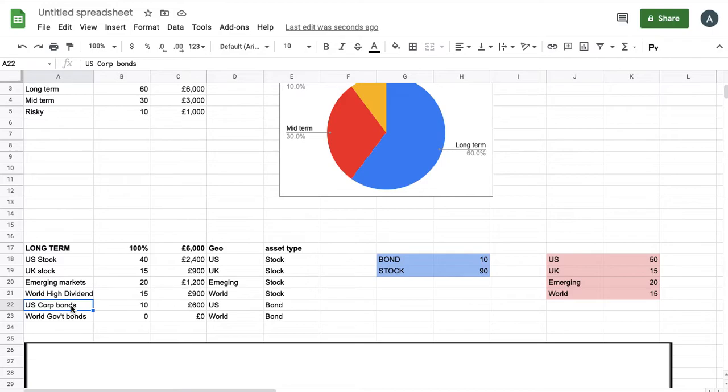So here I gave you an example, but the main thing is you just need to sit and think, what are the trends you believe in? For example, some of you may say, you know what, I don't believe in the US corporate bonds, I'm just going to invest into just a general world index, and that's fine as well. Just write it down that for you, you don't really care about the geographical trends, you're just going to invest into the broad index of the whole world.